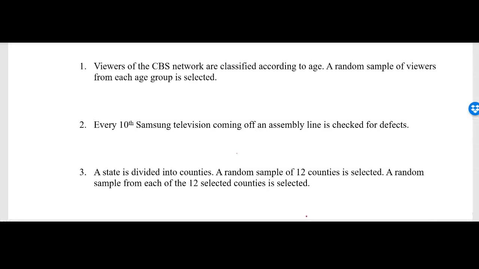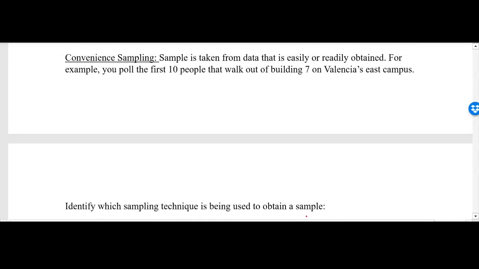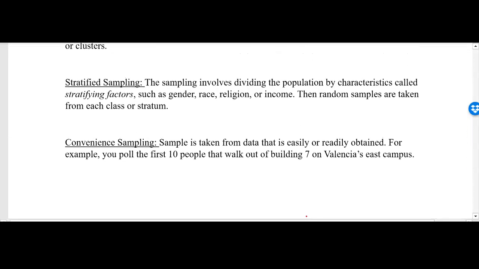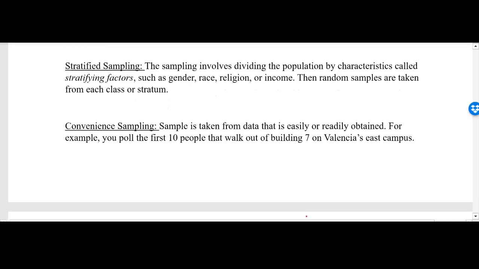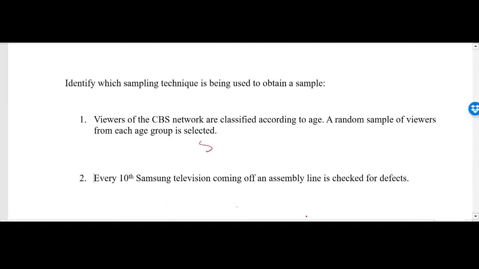A random sample of viewers from each age group is selected. So going back, that would be our stratified, right? Because we're putting them into some sort of factor, gender, race. In this case, it's age. So that would be what we call a stratified sample.